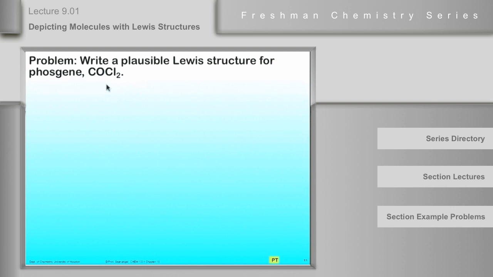Now, the initial approach to this ought to be to figure out, since we have 4 atoms, which one is the center atom. If you look at the electronegativity of carbon, oxygen, and chlorine, which one is lowest?